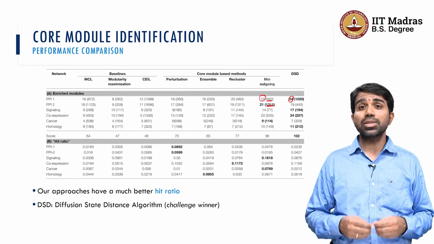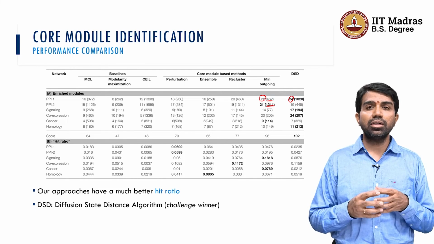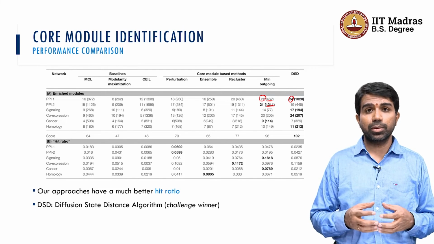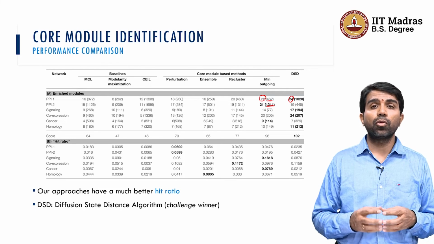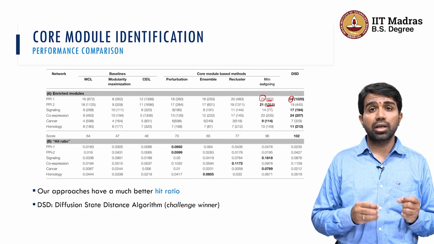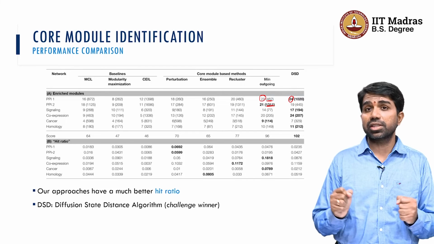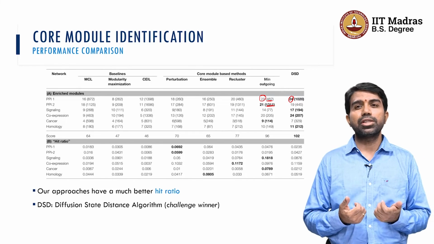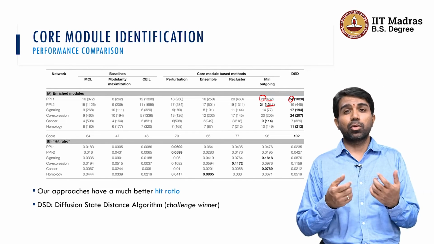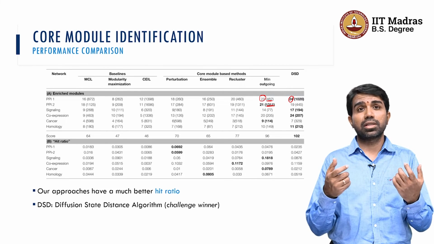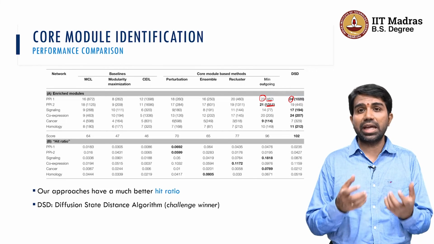To summarize, this was a very interesting challenge where we had to work on multiple biological networks and make predictions of what would be the most plausible communities just based on the network structure. Remember, we had no other information. I didn't know what protein it was, or its biology, or any of those things.